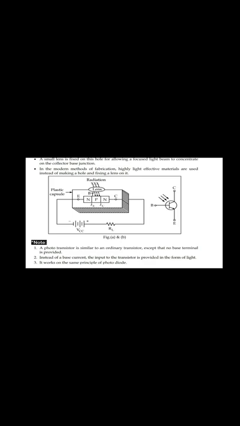The electrical output is taken across the load resistor RL.